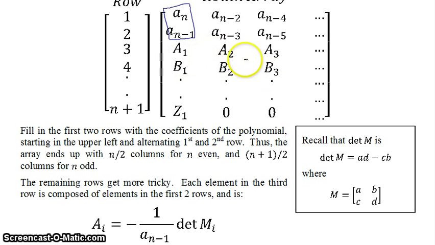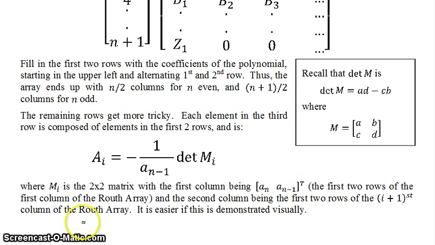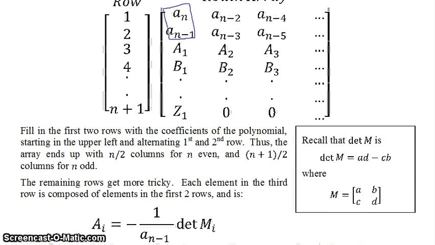The second column of the matrix is going to be the first two rows of the i plus first column of the Routh array. That's what it says here. It's hard for you to see that, so it's better if this is demonstrated visually.